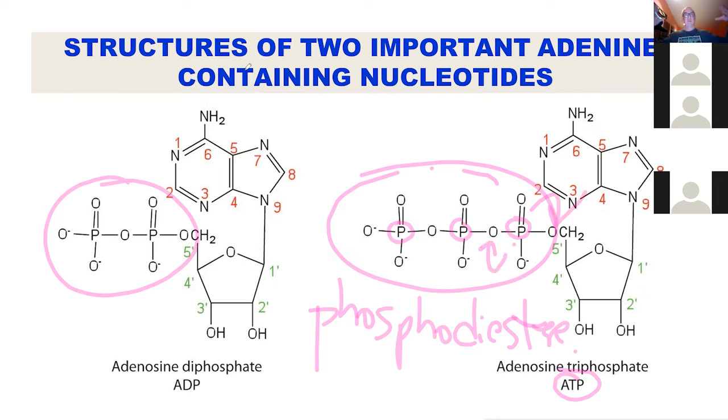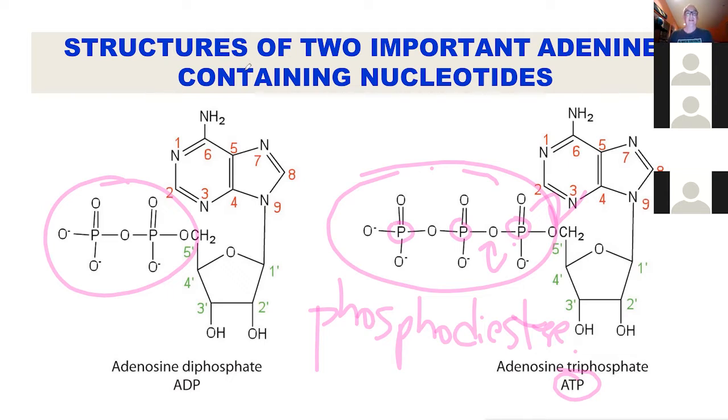So it's making an ester bond on both sides of the phosphorus. So we have a double bonded oxygen, just like we would have a double bonded carbon in an ester. And we have a single bonded oxygen on one side, a single bonded oxygen on the other side, and they're both linked to something else. So we call that a phosphodiester bond.